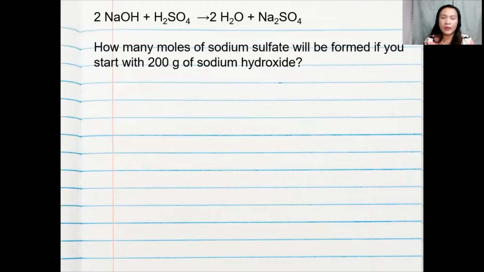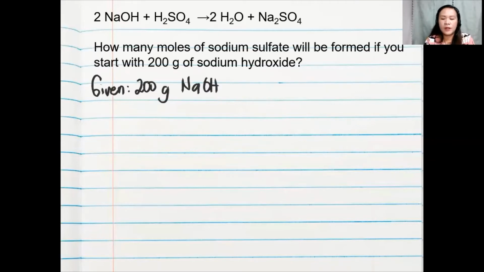Okay, so again, we have here our problem. Let's first write the given. So our given for this problem will be 200 grams of sodium hydroxide. So that will be NaOH, sorry. So that will be NaOH.